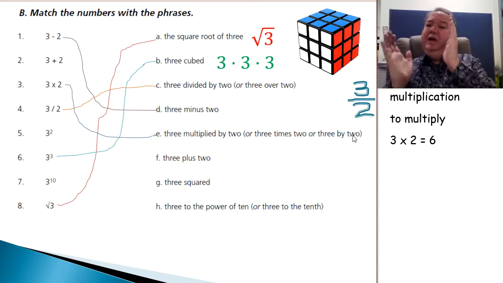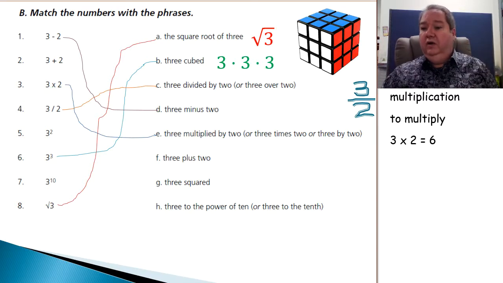If you're talking about dimensions of something, or a matrix of some sort, then I would use the 3 by 2. Like this is a 3 by 2 table, or a 3 by 2 box, 3 meters by 2 meters.